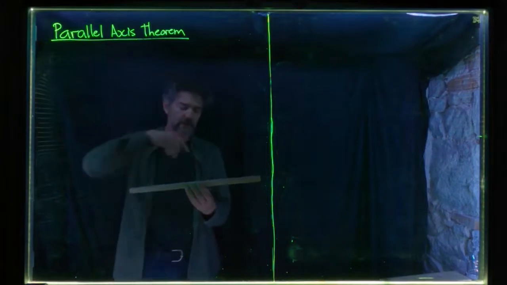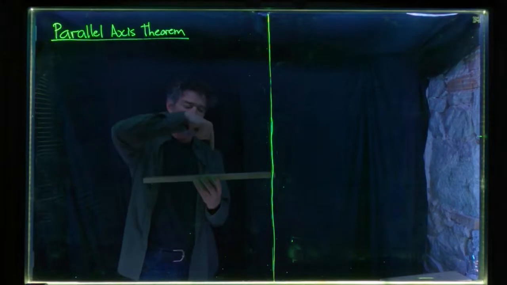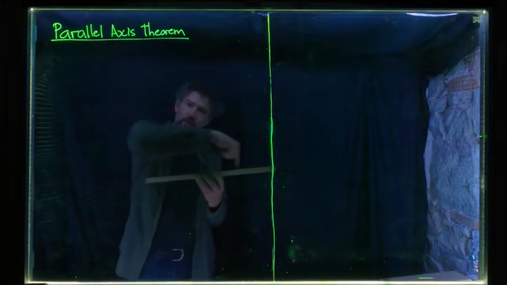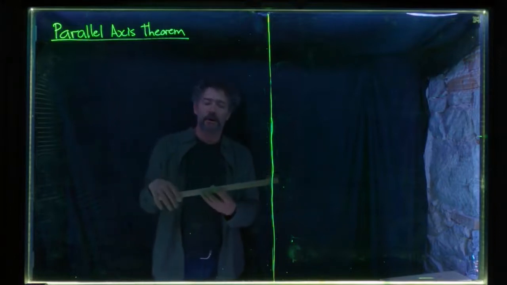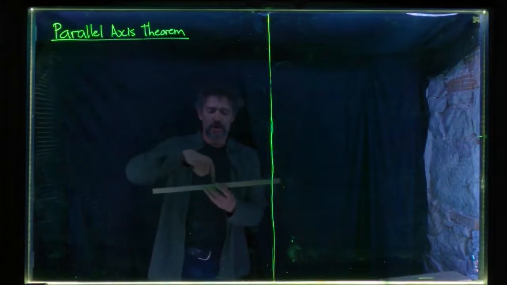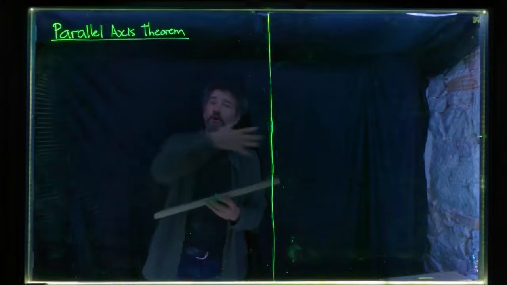We're going to calculate the moment of inertia for a vertical axis passing through any point along the length of the rod. That'll be a general result. And then from that, we'll be able to show how the parallel axis theorem works in this particular example, and then we will just generalize and say, yeah, this is true in general.